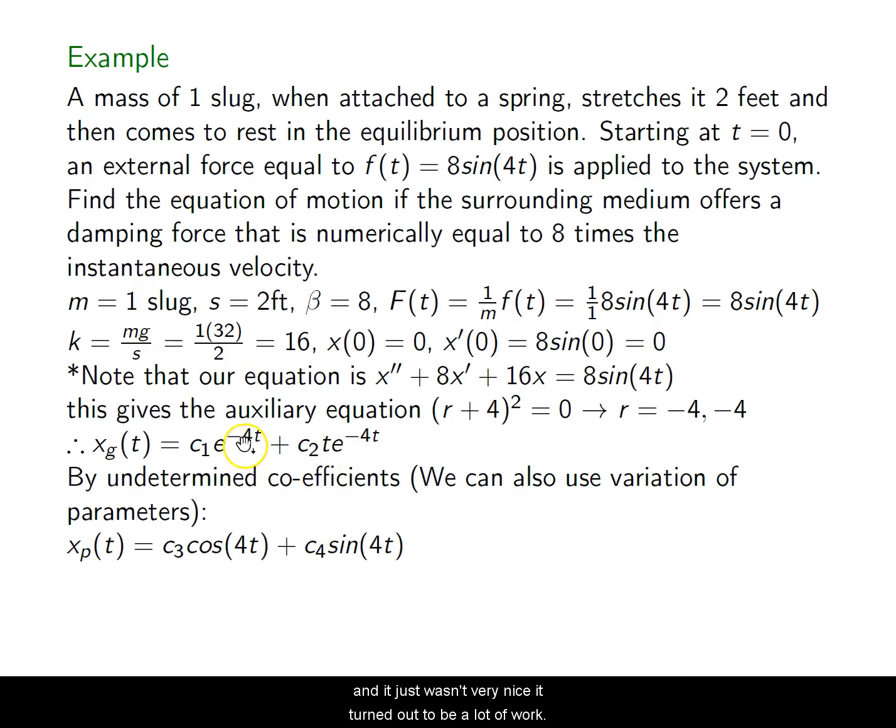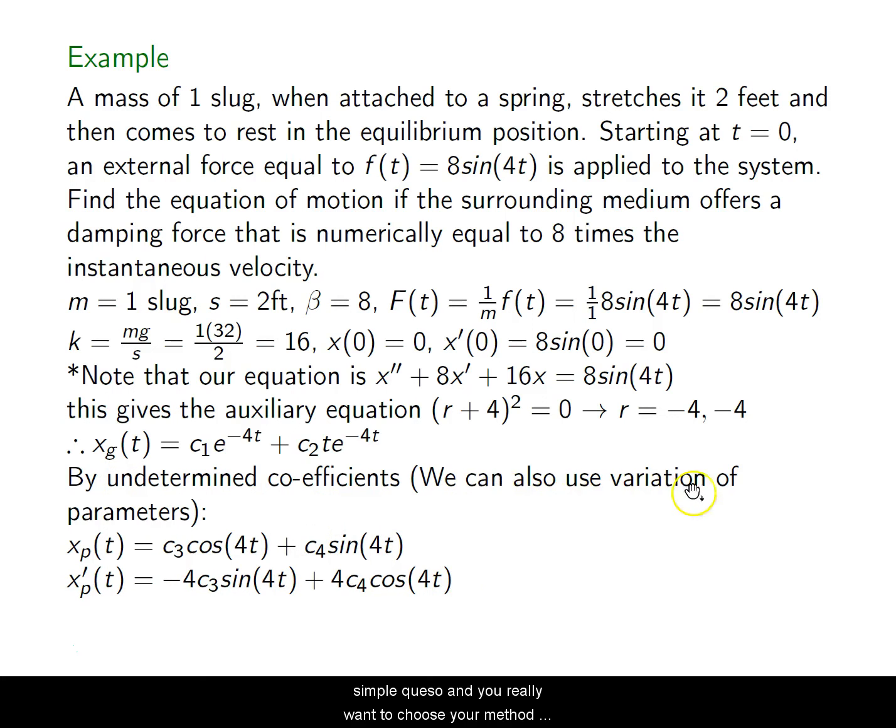It turned out to be a lot of work because you're mixing these solutions. The Wronskian is easy, but when you mix it with the sine that you have here for the forcing function, it doesn't integrate very nicely. It's a lot of integration by parts, and a messy integration by parts at that. So I decided that undetermined coefficients was way easier to do because the derivatives are very simple.